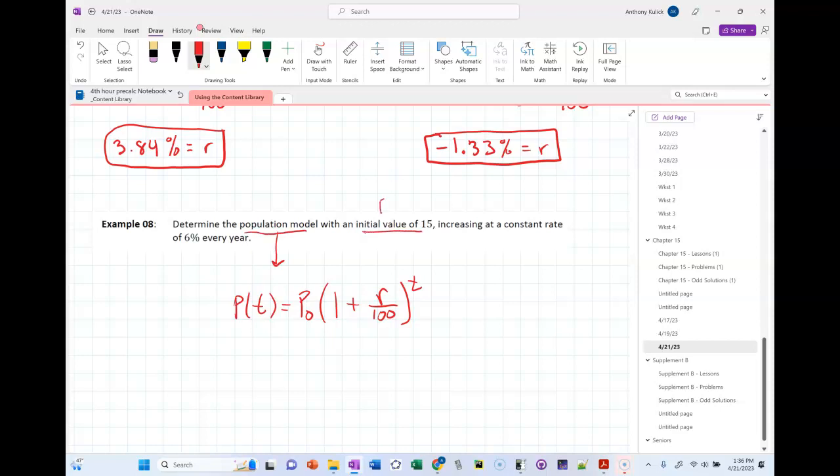Initial value of 15 tells me P naught is 15. Increasing tells me that it's positive. A constant rate of 6% tells me R is going to be positive 6. And then the last thing we have to do is decide the unit for t. It says every year, so let's just make t be in years.